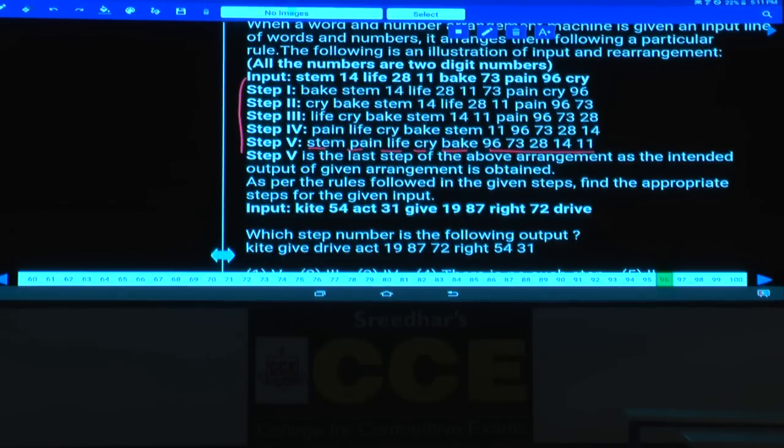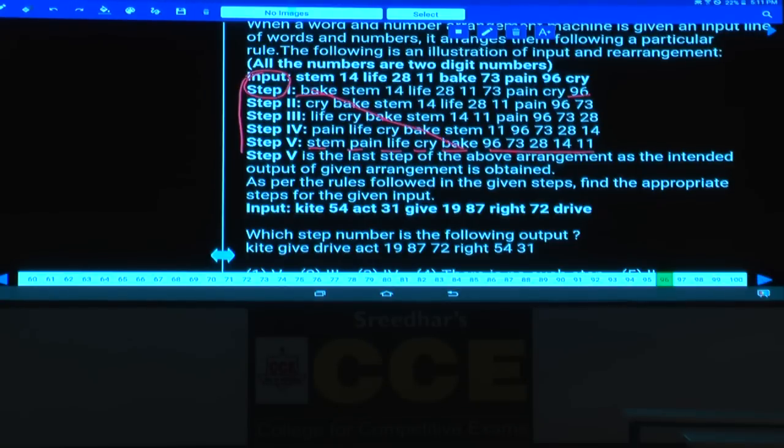Now in order to identify the method involved, we should always compare input with step 1, isn't it? Then which word has been arranged at the first place? Bake at the first place. And what is the number here? 96 arranged at the last place. And in step 2, bake shifted to the second place. Step 3, bake shifted to the third place. Bake shifted to the fourth place. And finally bake shifted to the fifth place in step 5.